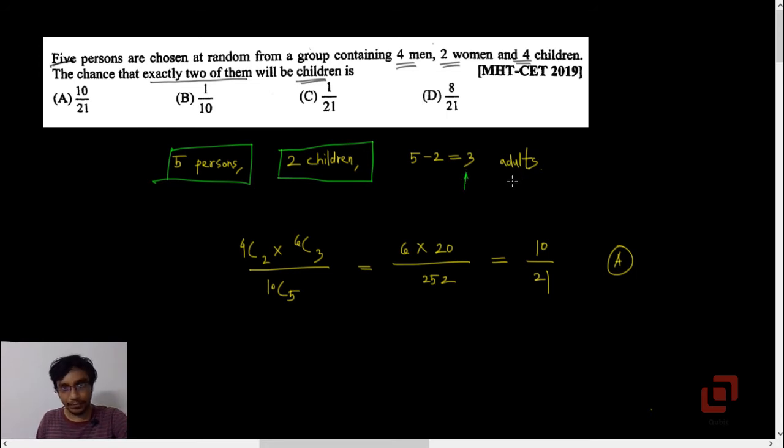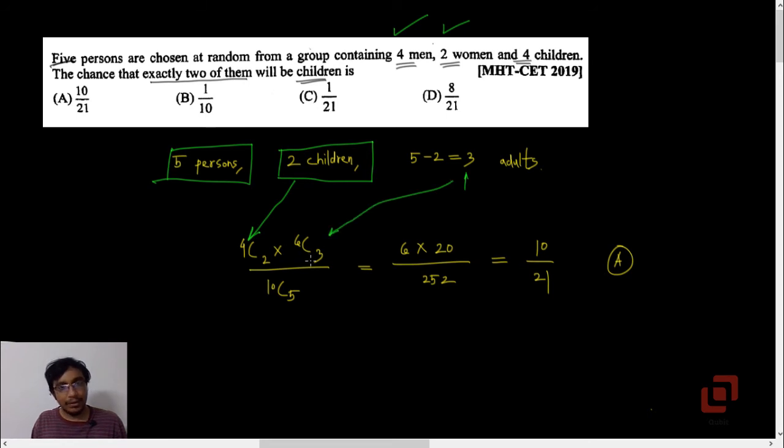Now how many adults do you have? 6. 2 women and 4 men, right? And 4 children. So if you want to form a group which consists of 2 children and 3 adults, you need to pick 2 children from 4. So 4C2 into, this is AND, so multiplication principle, you need to pick 3 adults from 6, so 6C3.